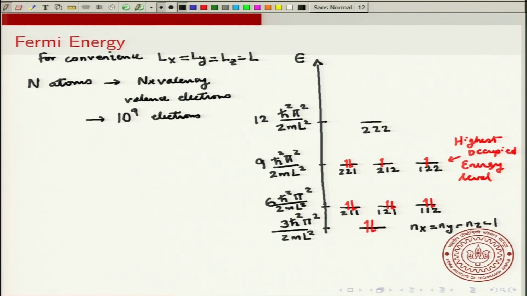Now, if you look at this diagram, you have to keep extending this free electron picture all the way, so that you can fill as many as 10 raised to 9 electrons.